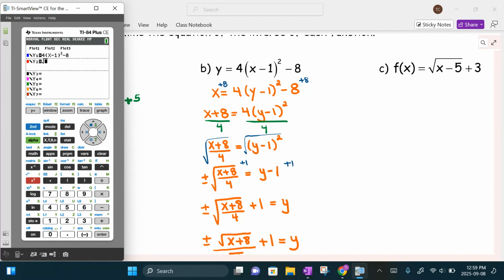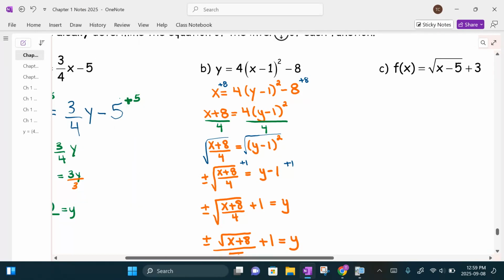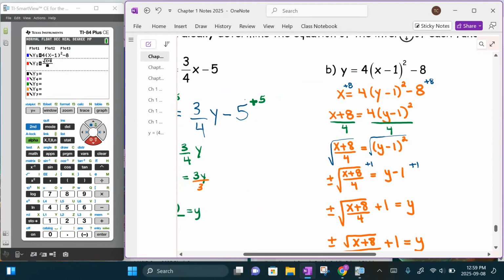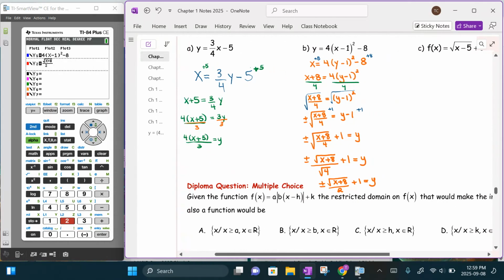So square root of (x plus 8), I'm going to do it this way so you guys can see the order of operations, square root of (x plus 8) all over, since I simplified, 2, plus 1.